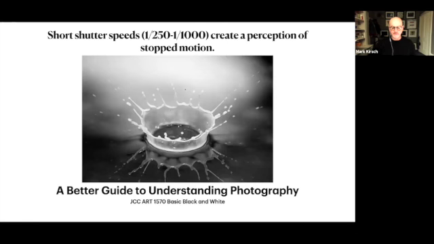At the other end, a fast shutter speed, 1/250th, 1/500th, 1/1000th of a second, will create a perception of stopped motion. We can give the perception of stopped motion, stopping time.